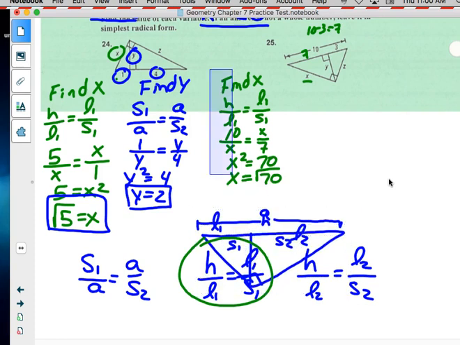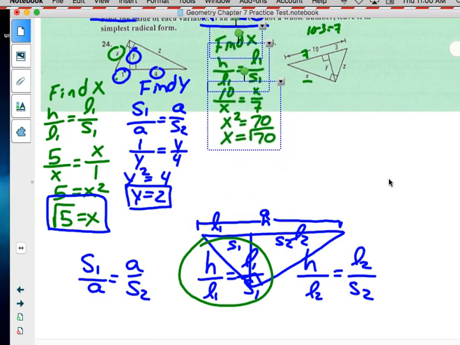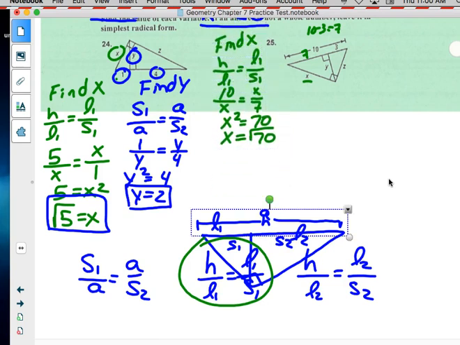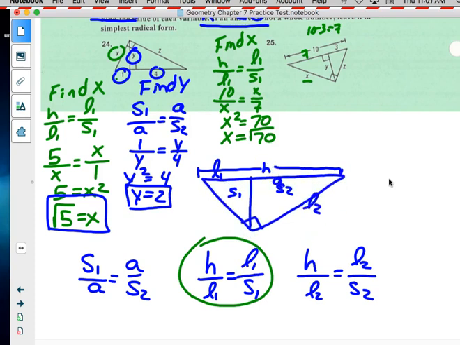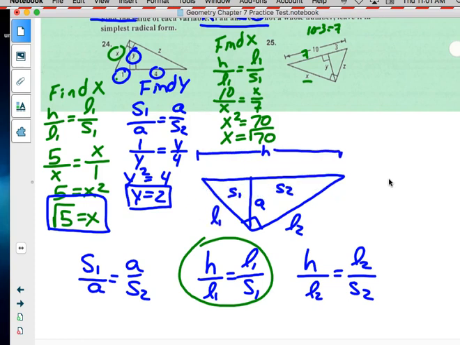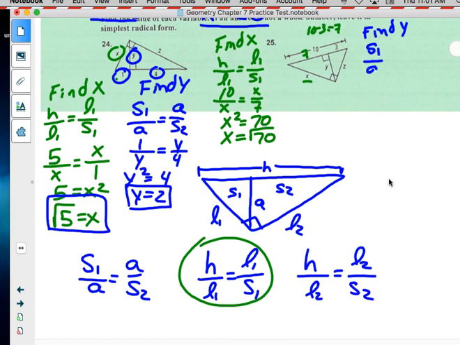Now I'm going to move this stuff up so I can get it out of my way, so I can have this stuff up where it was. And bring this up. I got my leg and my other leg here. Okay, now my next one is finding y. And in finding y, that's my blue, I have S1, A, S2 here because of where y is positioned.